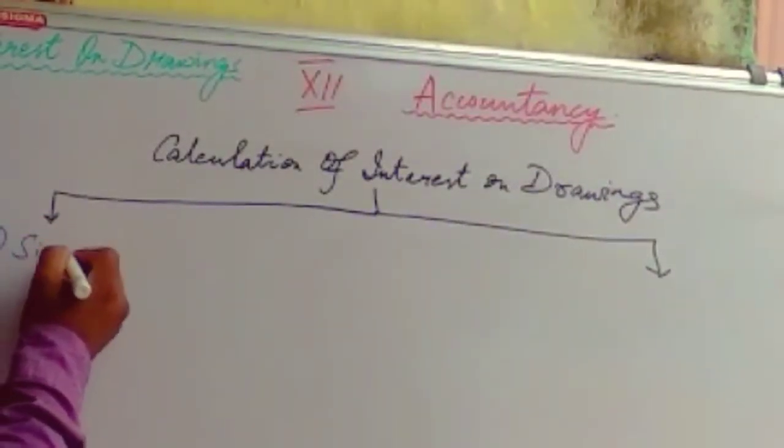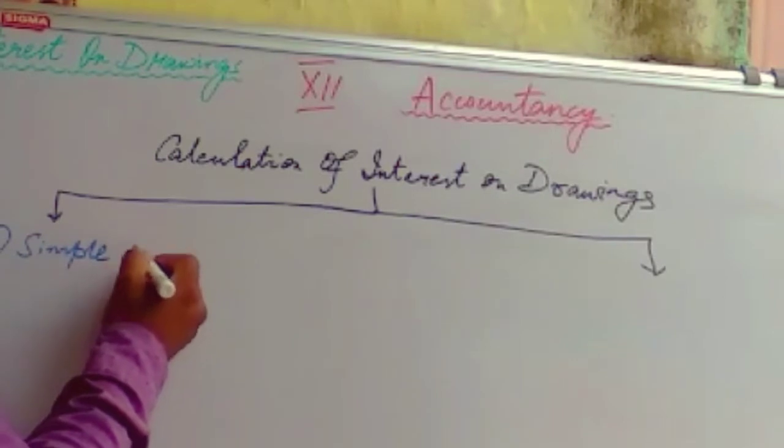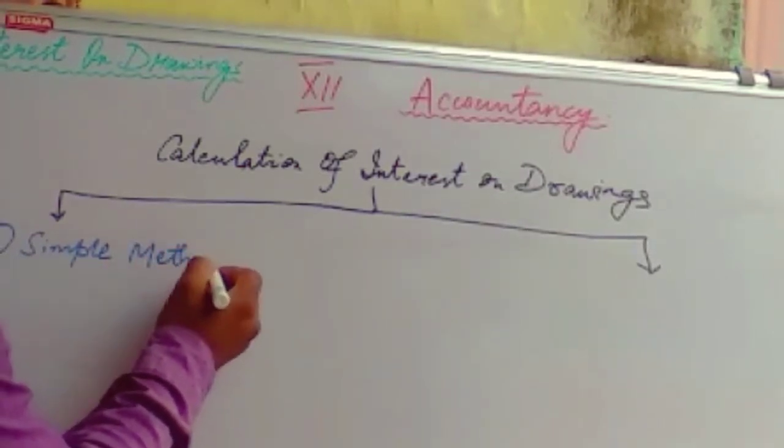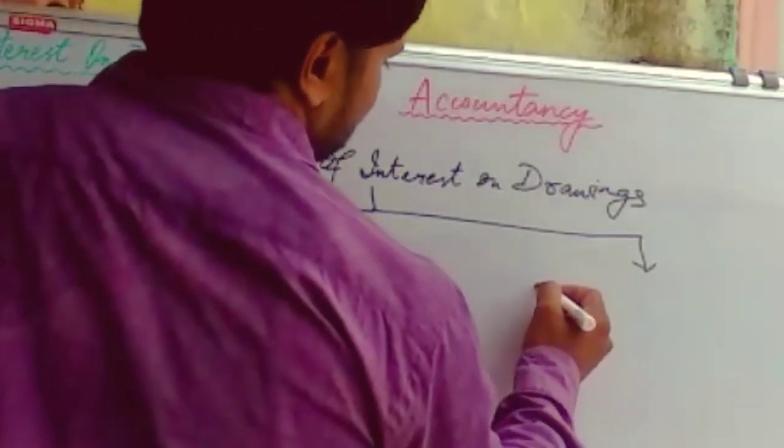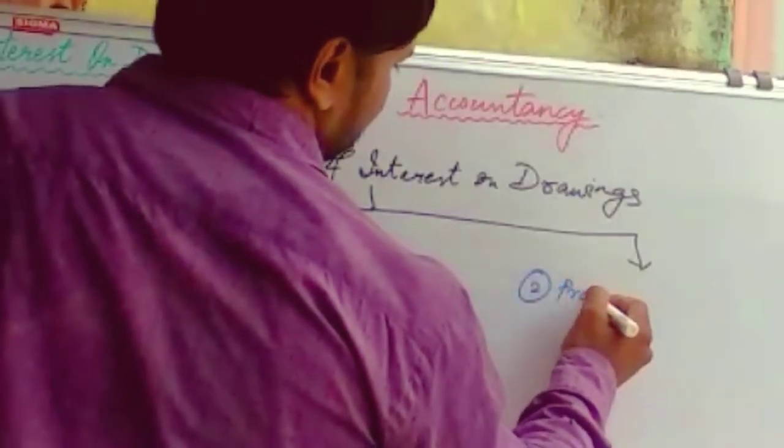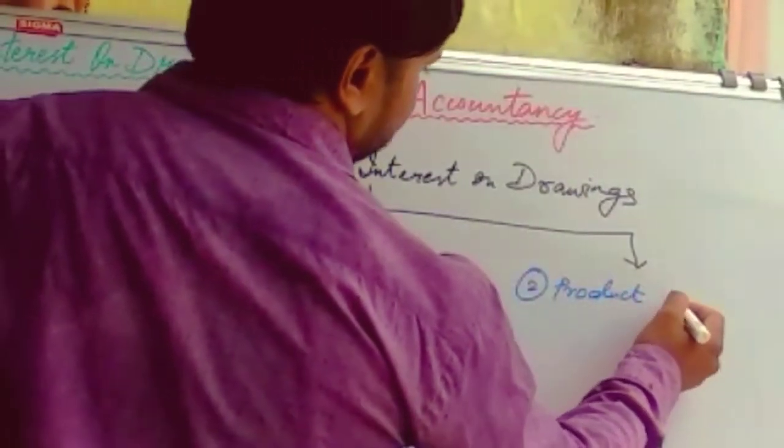First one is simple method, and the second one is product method.